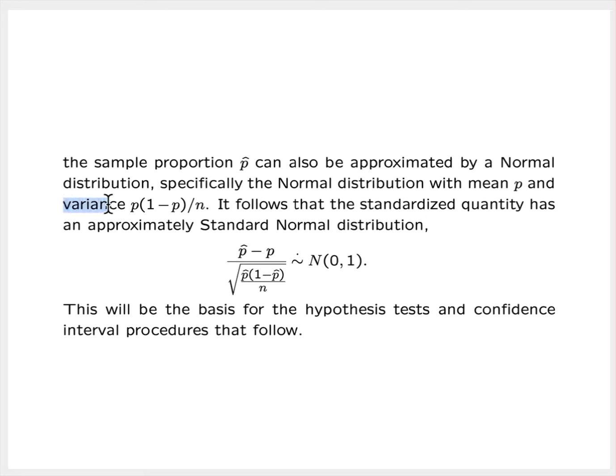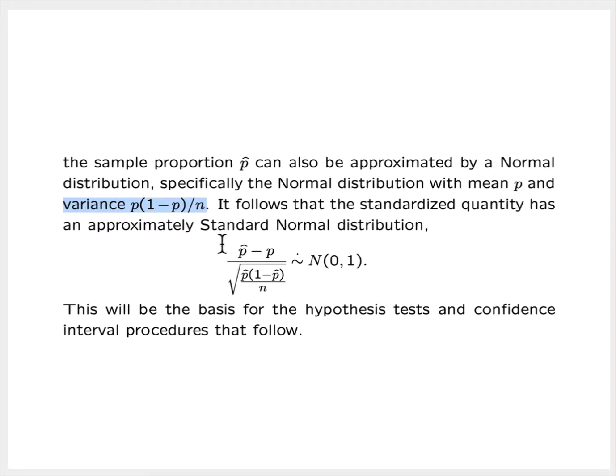Notice up here that the variance of the sampling distribution of p hat depends on p itself. And if we don't know p, then we're not going to be able to calculate the variance. Therefore, we're not going to be able to calculate the standard deviation of p hat, which would be required to actually standardize p hat.